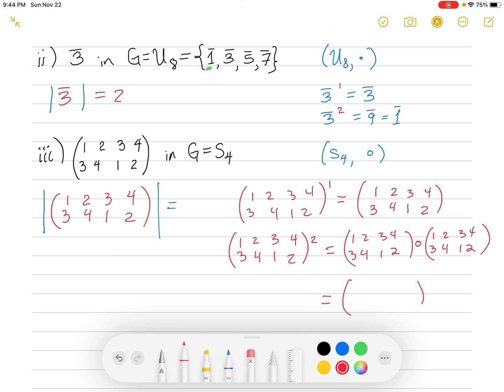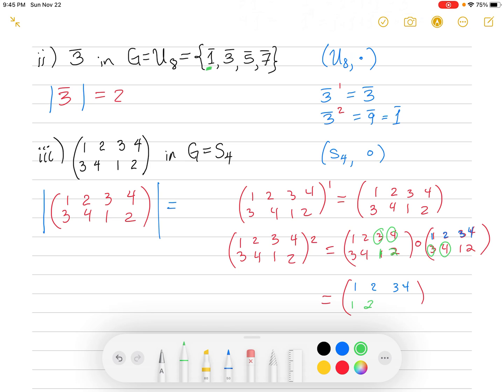So how do you compose? You start off with 1, 2, 3, 4 and write those over the top. So 1 goes to 3, and 3 goes to 1. So I'm going to put a 1 here. 2 goes to 4, and 4 goes to 2.